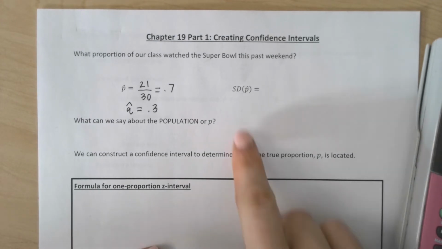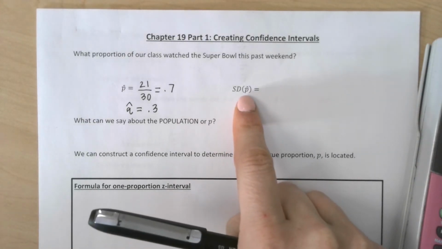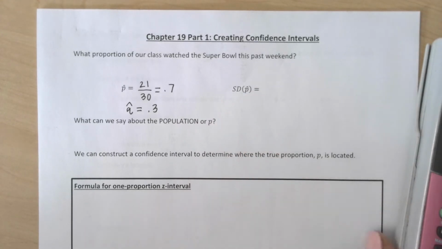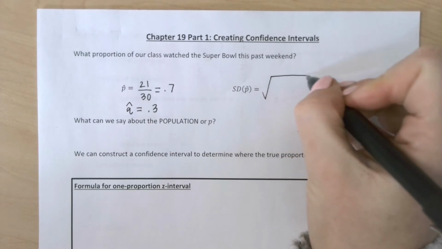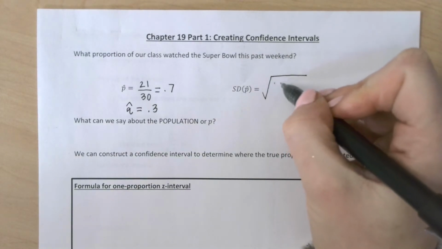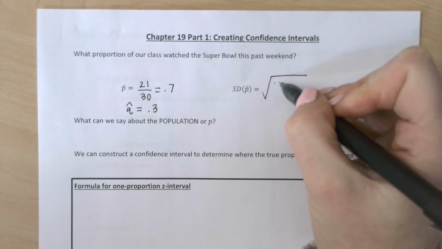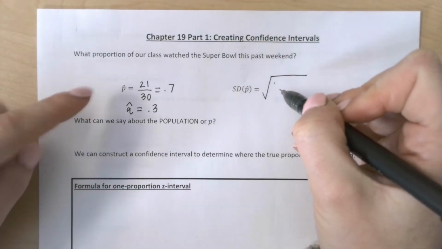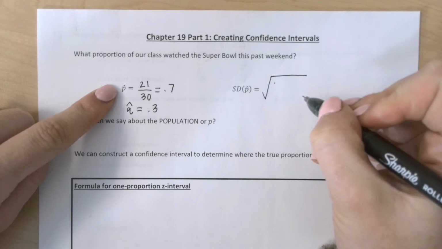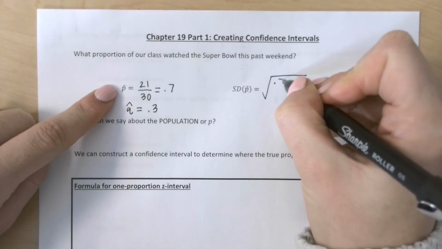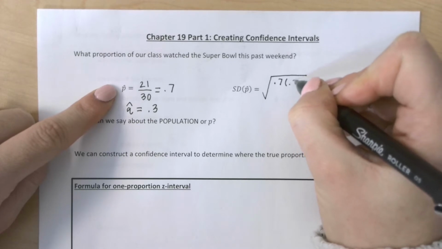Okay, from here we can find the standard deviation for our P hat. We've seen this before. We would take the big old square root and we would usually start with P, the true proportion. Now, I don't have the true proportion, but I do have P hat, which should be a pretty good representation of what's going on in the population. So I'm going to use P hat instead, and I'll use Q hat as well.